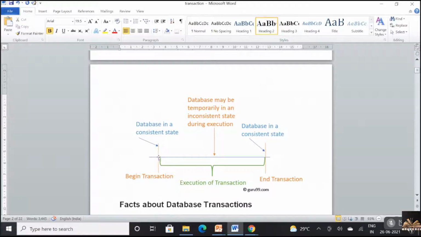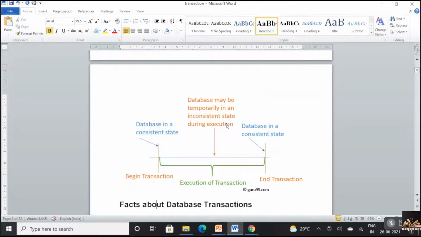Before I actually start the transaction, the database is in a consistent state. So the database is stable. That is the meaning of this. And once I execute the transaction, the database may be temporarily in an inconsistent state, because I'm making modifications to the database objects.